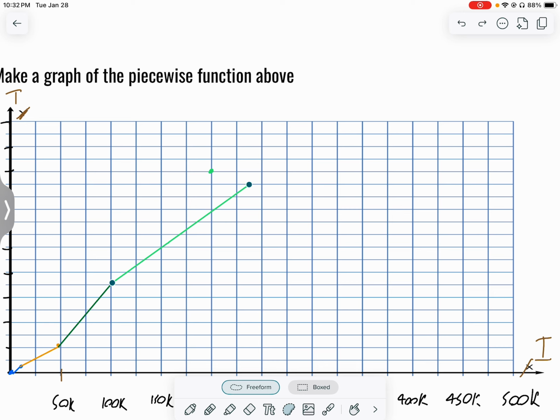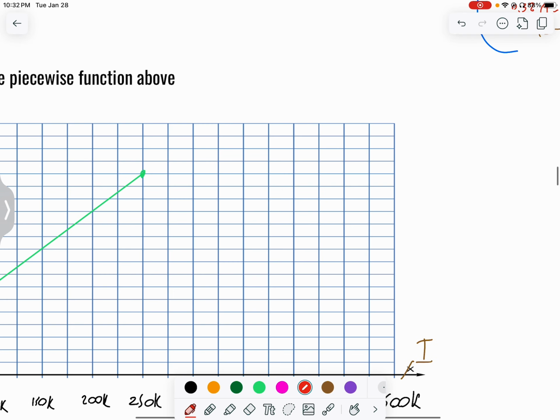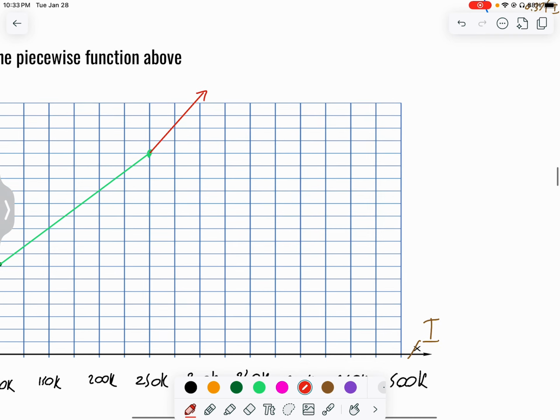This goes to 250,000, should be right about there. And then our last one is going to be a bit steeper than this. It's going to go up like so. Now, just because of the amount of space we have, we won't go up that much.